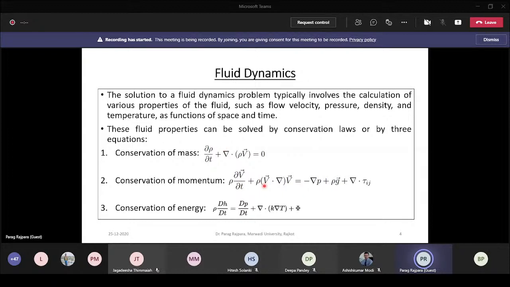So from where do we derive these governing equations, or which factor governs these fundamental governing equations of fluid dynamics? These equations are mainly governed by the fundamental principles of conservation.